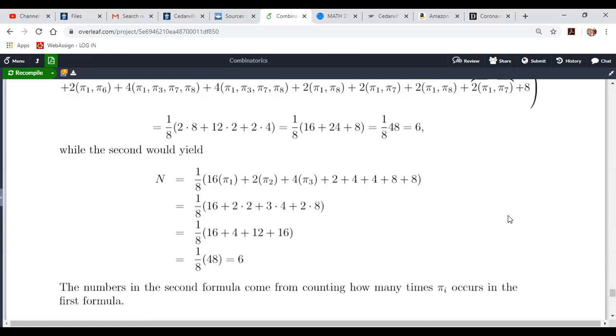Now that we have Burnside's theorem, it's going to become more and more important that we find clever ways of counting these phi of c's or psi of pi's. Those are the things we're interested in counting, since they appear in Burnside's theorem formula. That's what the rest of chapter 9 is going to be devoted to.